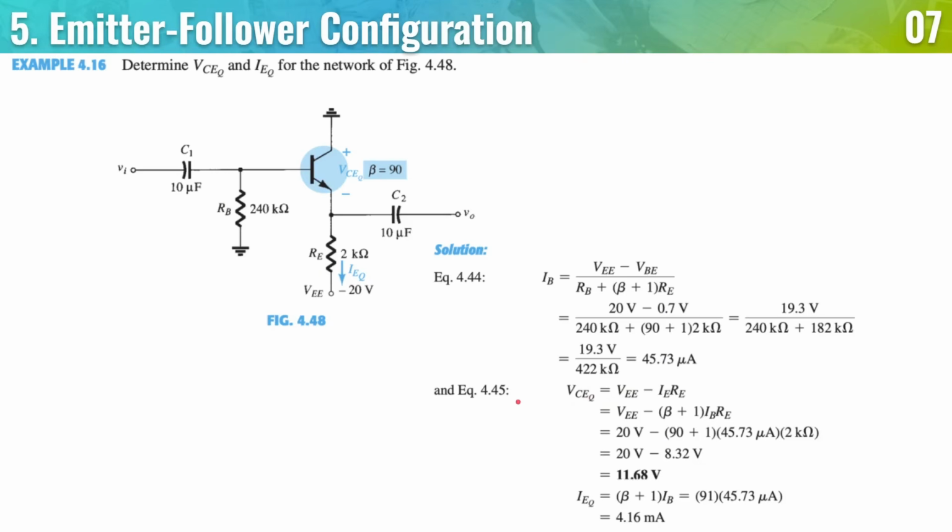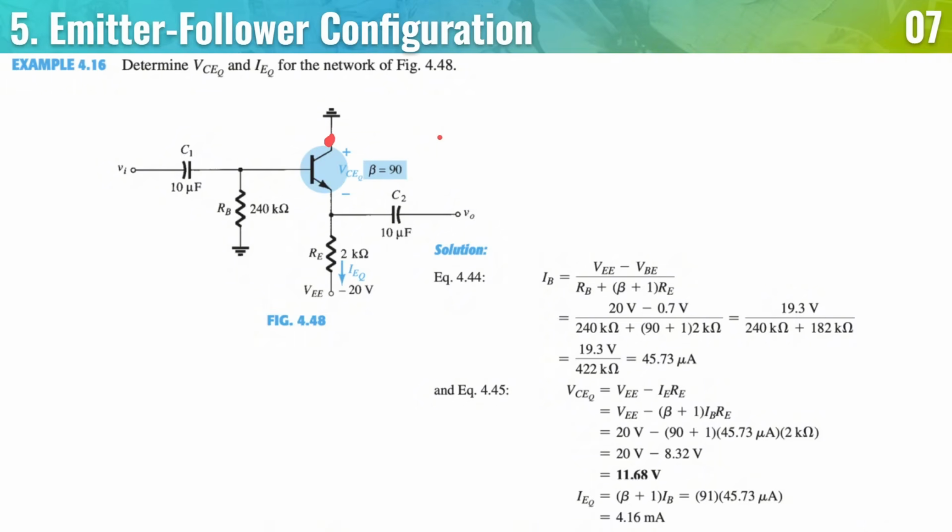For equation 4.45, VCE is equal to VEE minus IERE. Again, because VEE is at 20 volts minus the voltage drop here. You could do it either in this direction, clockwise or counterclockwise. And also VC is equal to 0.